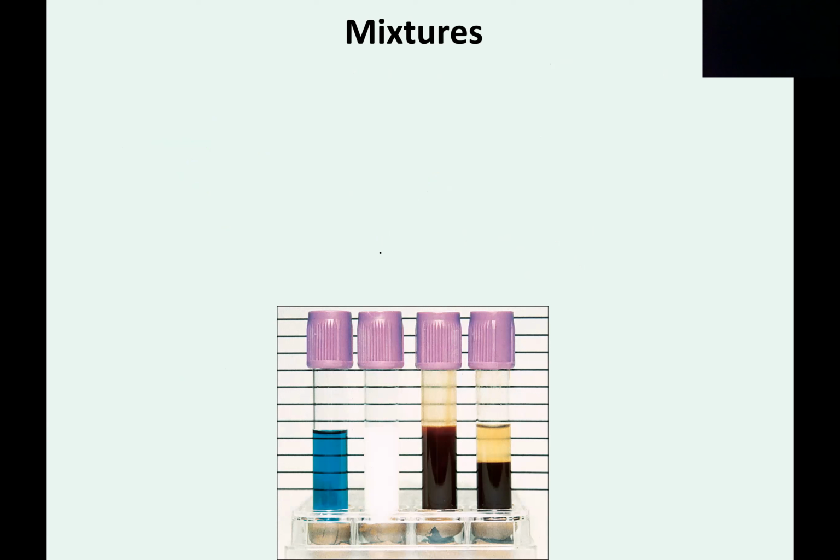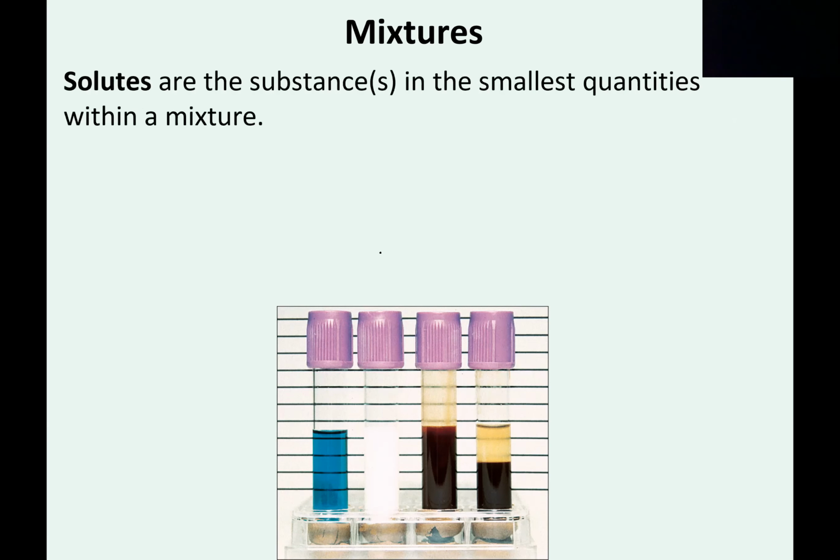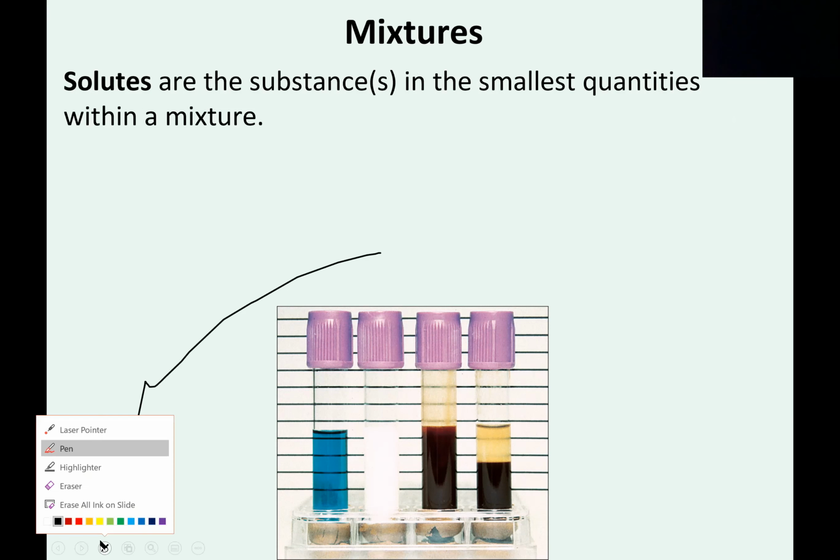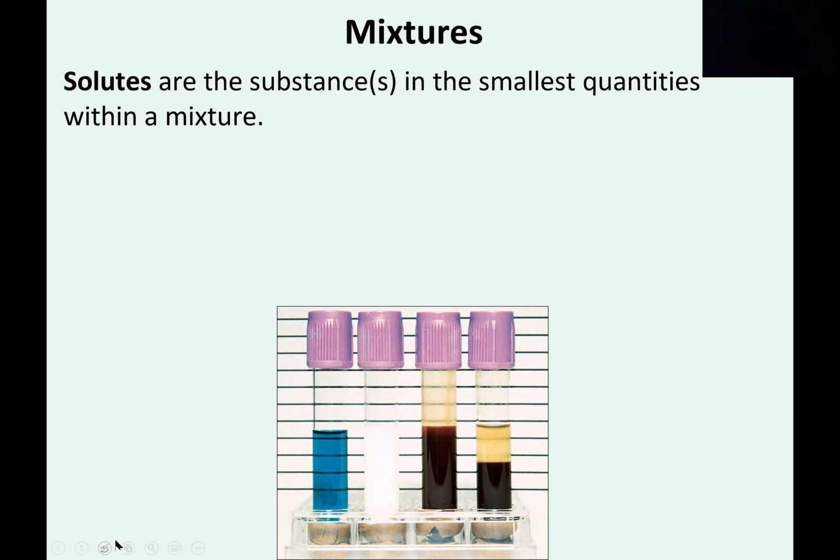Okay, so mixtures. I kind of hinted at this when we did the properties of water. In a physical combination, there's no bonds, but you have things in the same place at the same time. So solutes are the substances in the smallest quantities within a mixture.